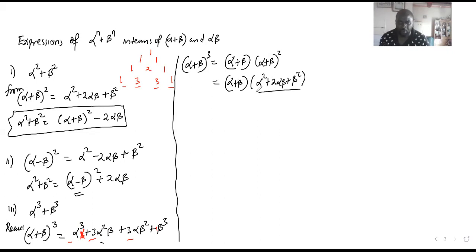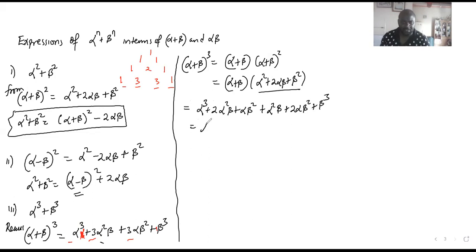Alpha multiplies the whole of this bracket to realize alpha cubed plus 2 alpha squared beta plus alpha beta squared. Beta multiplies the whole of the equation: plus alpha squared beta plus 2 alpha beta squared plus beta cubed.